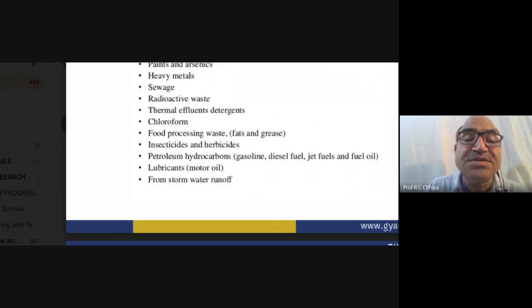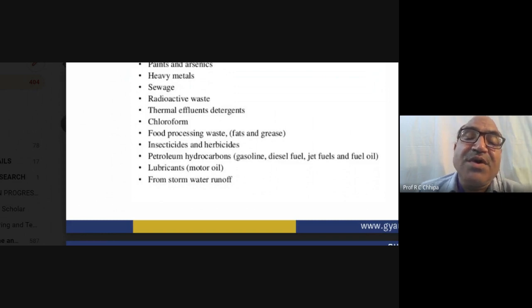Then thermal effluent and detergents. This one is also important. Thermal effluent, what about that? Suppose we have certain industries which have boilers, so that hot water is the effluent. Then the detergents, for example chlorinated compounds, and these can affect.